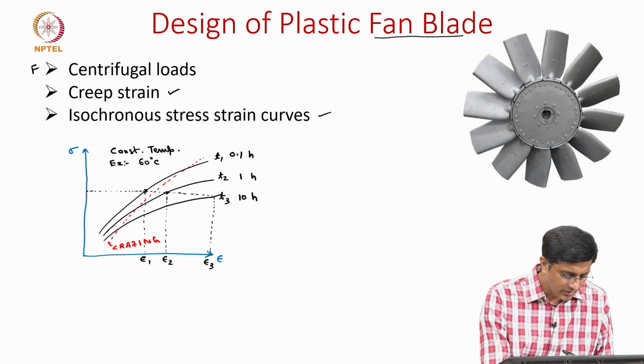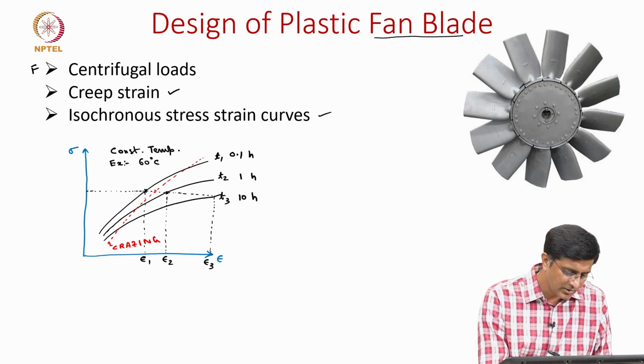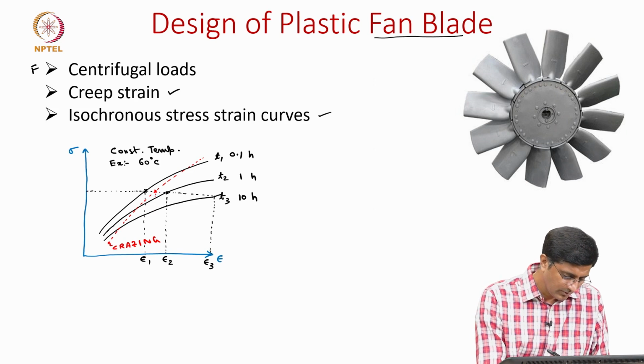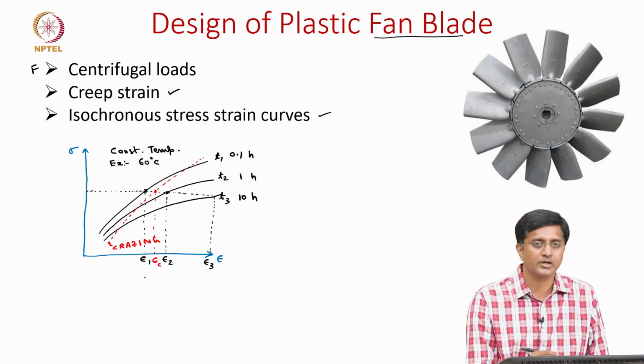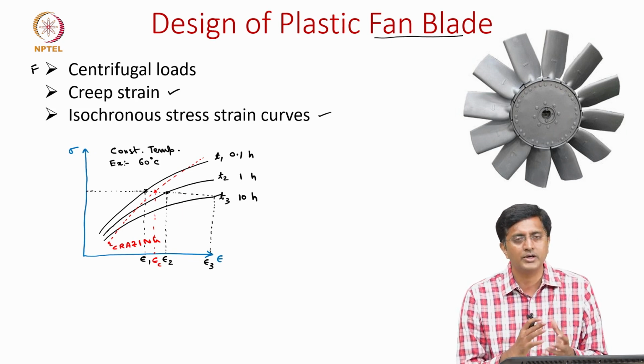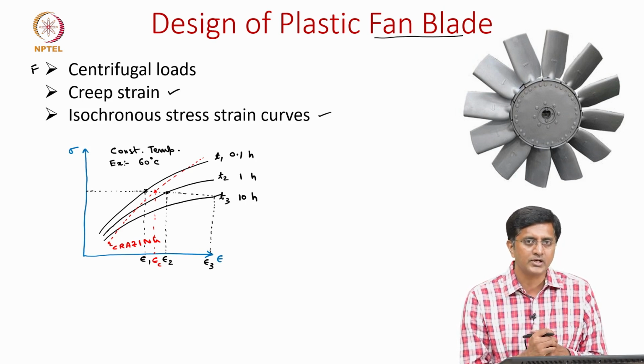So, for example, if you are looking again at a particular stress, it tells you at what time we are expecting to see this crazing or the corresponding strain where we expect to see crazing to occur. So, these are some of the things one need to take care of if you are designing these fan blade using a plastic.